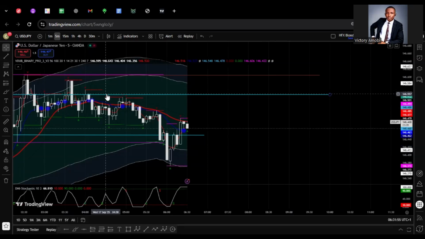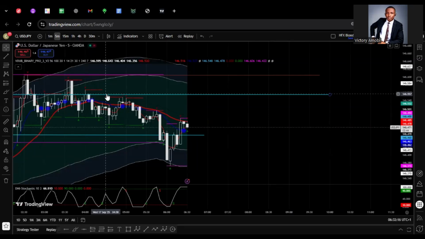Because the market goes with the stronger currency at the time. Okay. So your checklist might be, if I'm looking for a sell on my USD JPY pair, the Japanese yen must first of all be stronger than my US dollar.